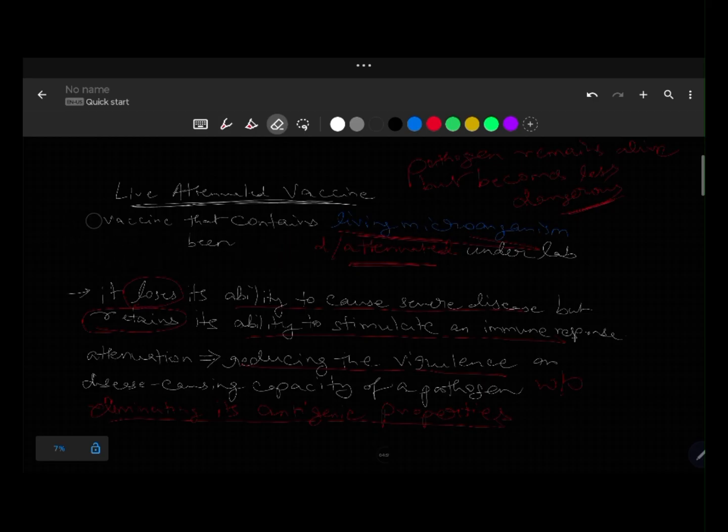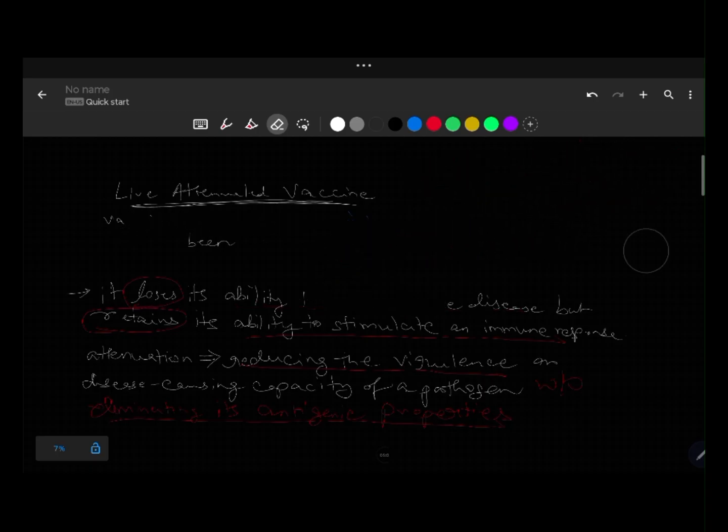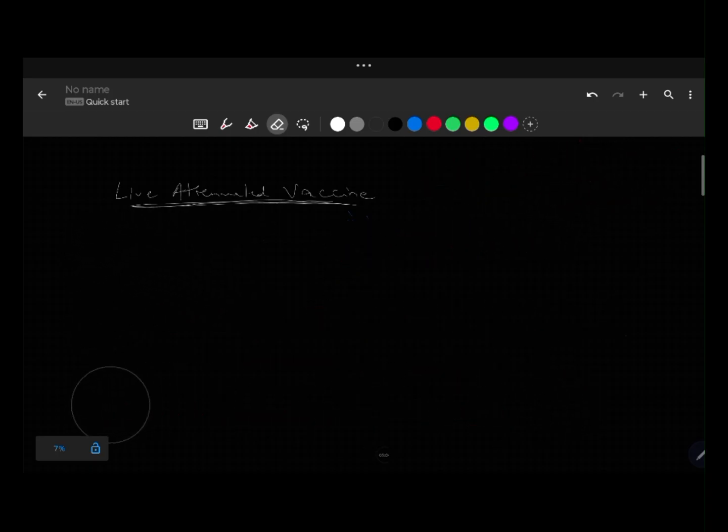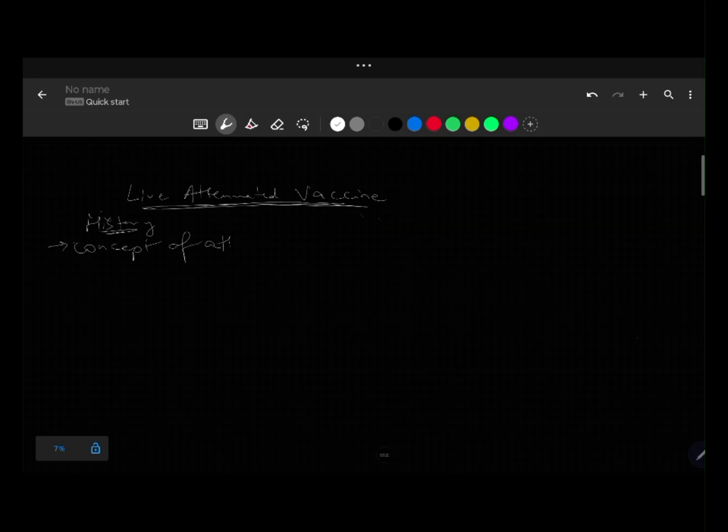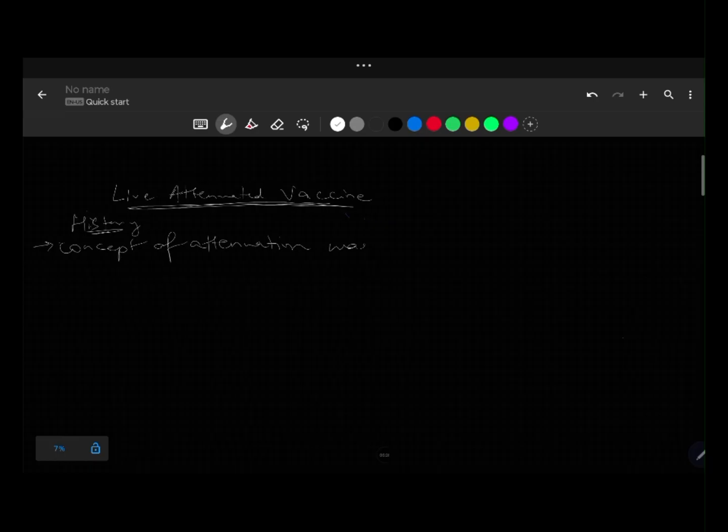Now we will start with a bit of the historical part of the live attenuated vaccine. If we talk about the history, the concept of attenuation was pioneered by the French scientist Louis Pasteur.